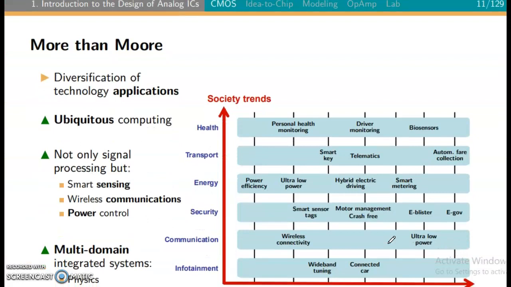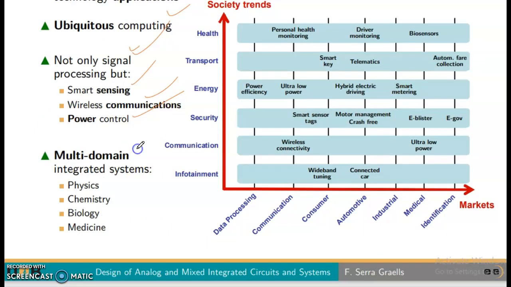Then more than more: diversification of technology applications. Ubiquitous computing, not only signal processing, but smart sensing, wireless communications, power control, multi-domain integrated systems: physics, chemistry, biology, medicine.